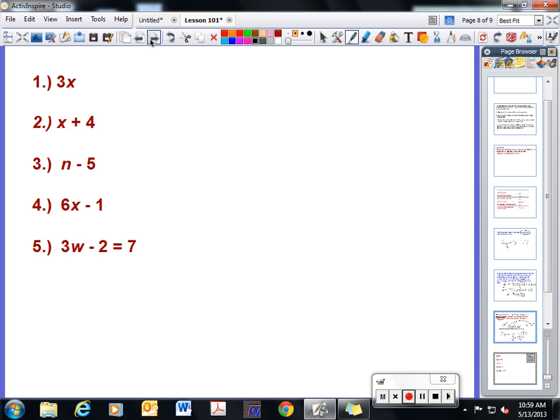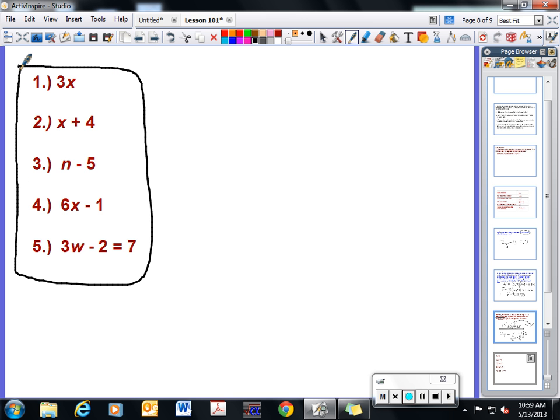All right, now as we look at this slide, we could make some word phrases up for these algebraic expressions. We could do it backwards. So what I would like you to do is make up a word phrase for these 5. This is going to be in place of part of your practice set problems. Let me give you an example.